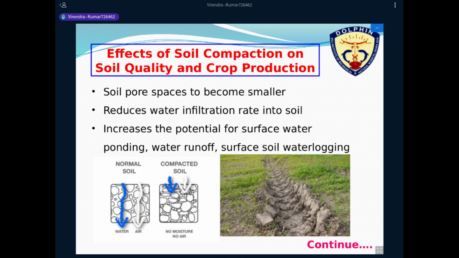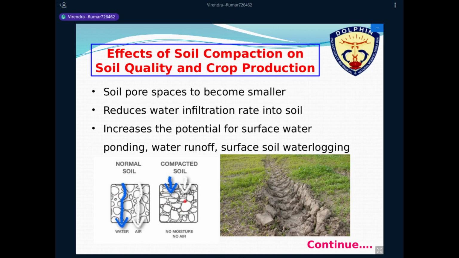So when we move the heavy vehicles in the field, we found that they compact our soil, and after compaction of the soil, we found that the soil pore space becomes very small, and they decrease the water holding capacity, and they decrease the infiltration rate of the water in the soil, and it also increases the waterlogging condition on the surface of the soil, and more runoff of the water, and it is also responsible for soil erosion.